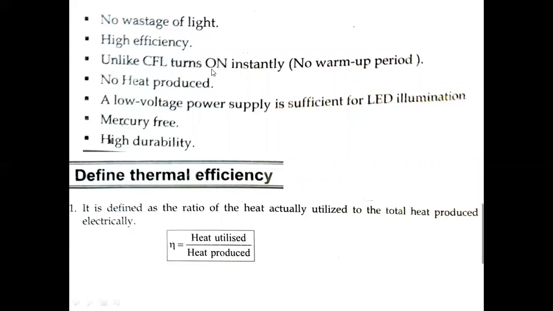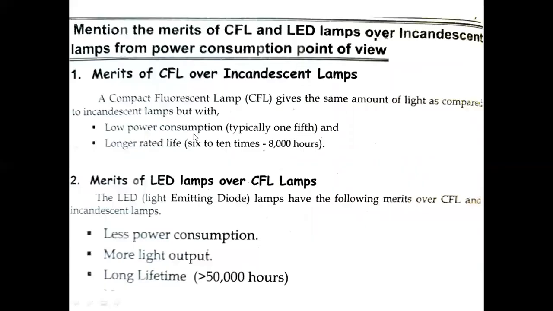Unlike CFL, it turns on instantly, with no warm-up period. No heat is produced. A low voltage power supply is sufficient for LED illumination. Mercury free, high durability. So these are the advantages.